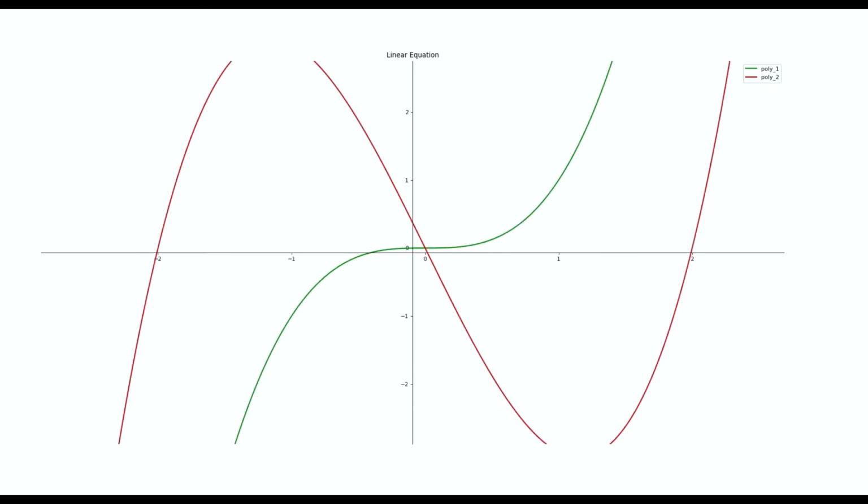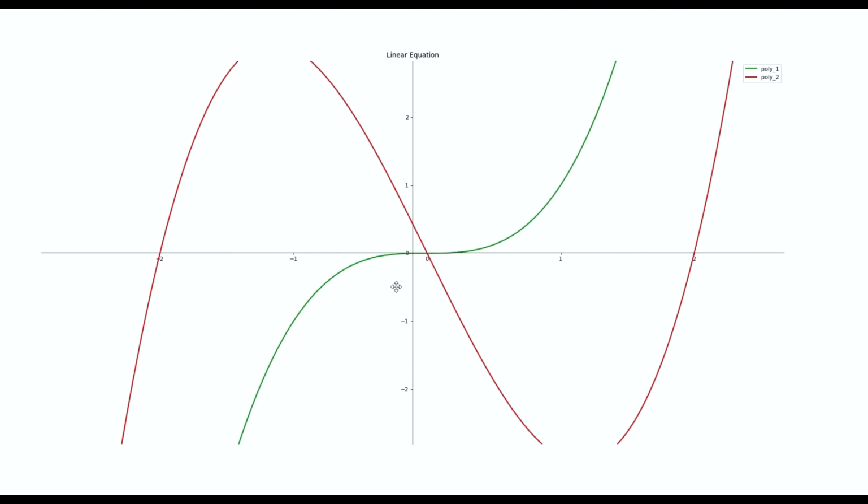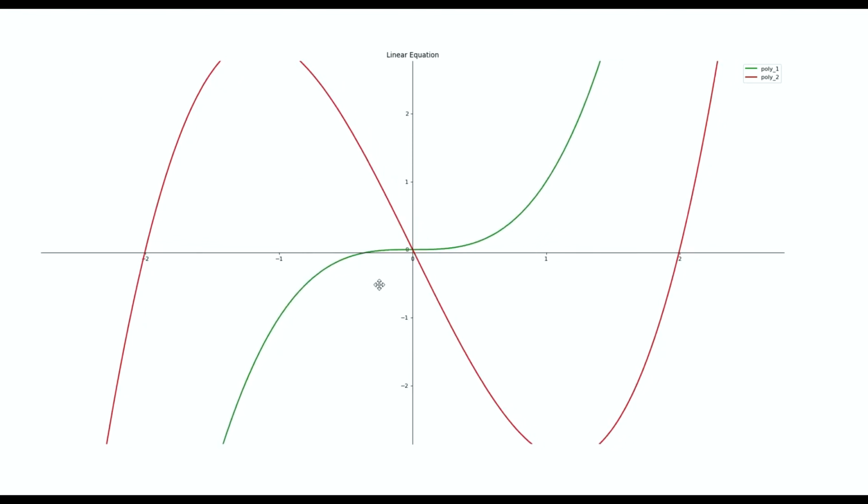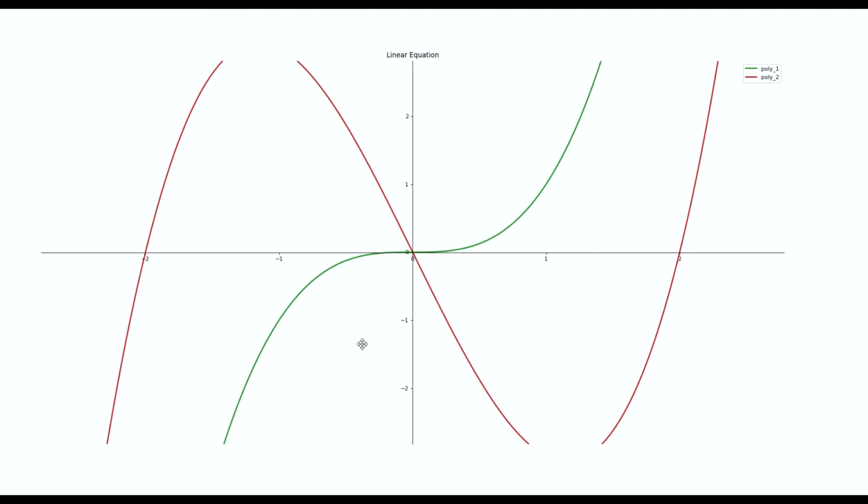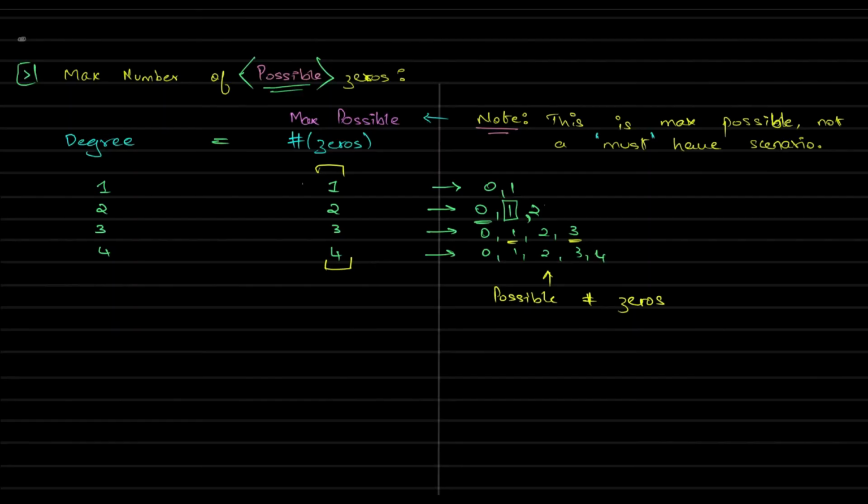So you can see it's just passing through only one place, and that too it's 0. So the green is passing through only 1 point, while the red is passing through 3 points. So here too we saw an example for 3 and 1.